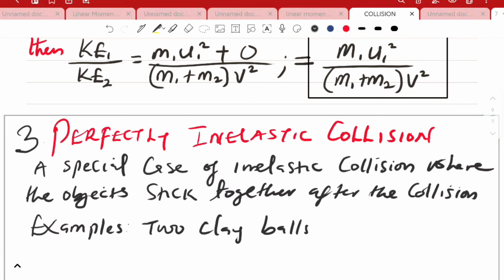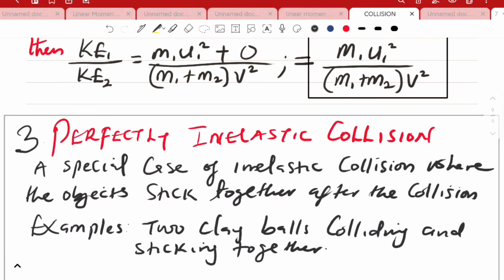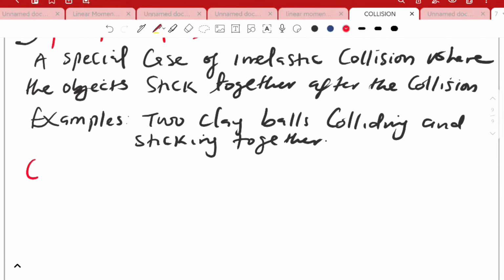So if two clay balls, for example, collide together, what happens to them? They might stick together. So this gives you an example of perfectly inelastic collision. What are the characteristics as seen above?